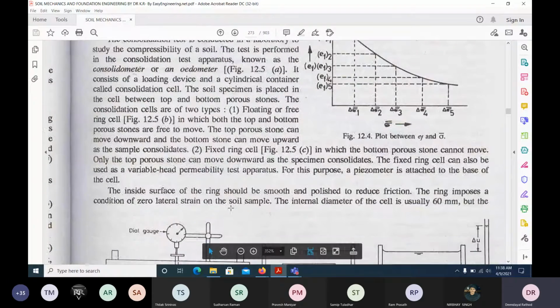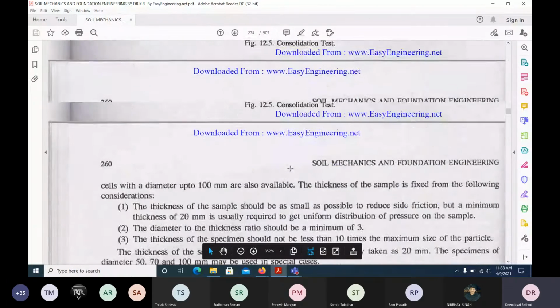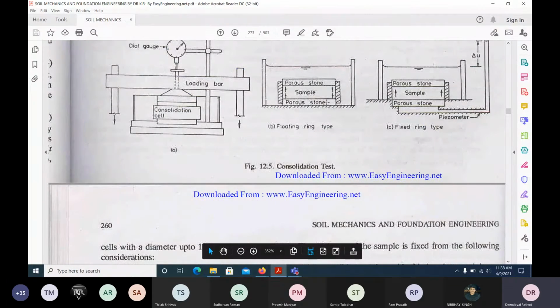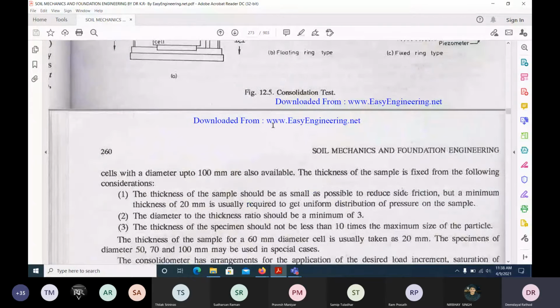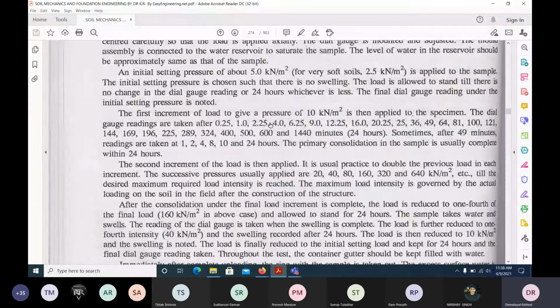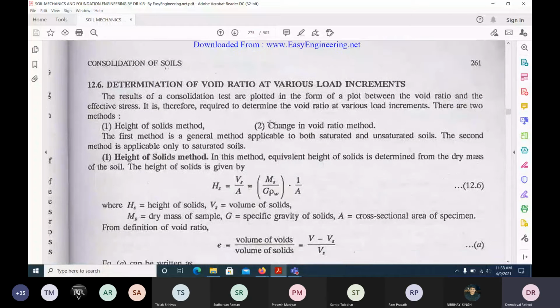Now in today's class, there are two methods. This is what we have seen last class. We use porous stones on both top and bottom, and likewise we can find out. In this consolidation chapter, we generally plot the e versus log p curve, which we'll see.